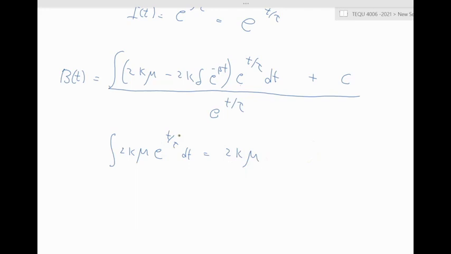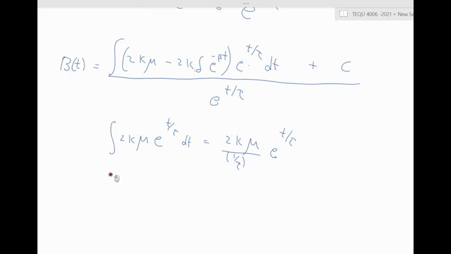So we have an integration factor that shows up as 1 over tau to complete the integration, e to the t over tau. So that's the first part for that integration. Now we move to the second part. That will be the integral of 2k delta e to the minus beta t, and that has to be multiplied by e to the t over tau dt.